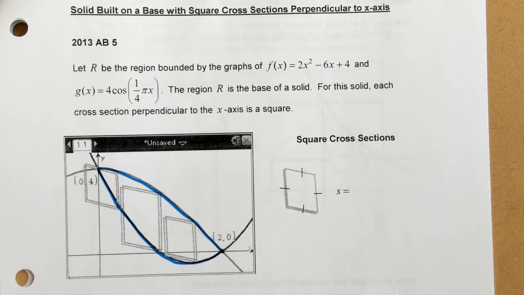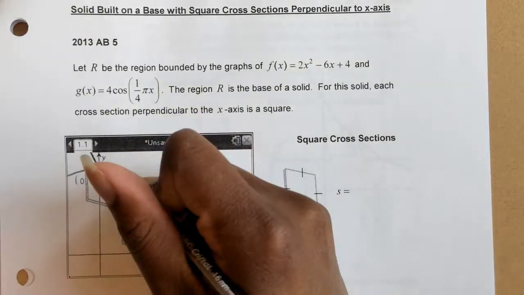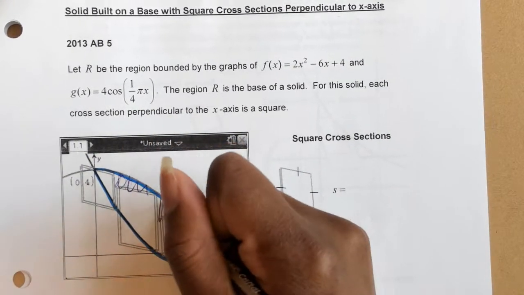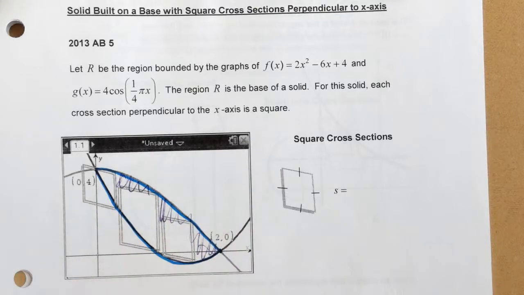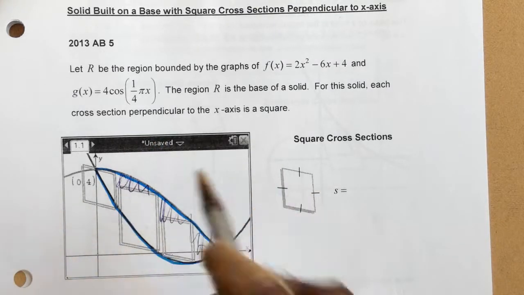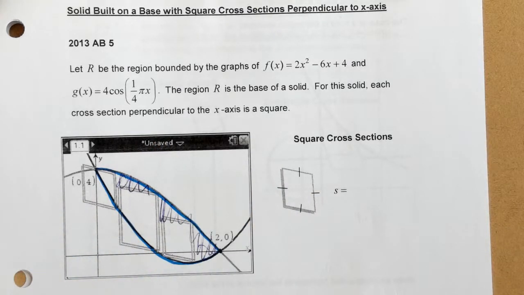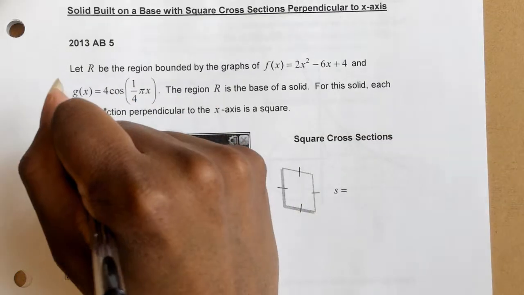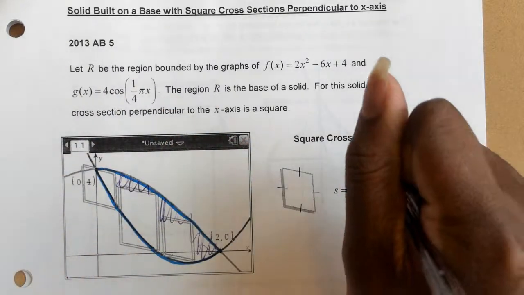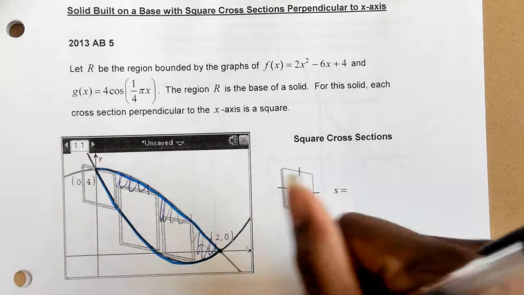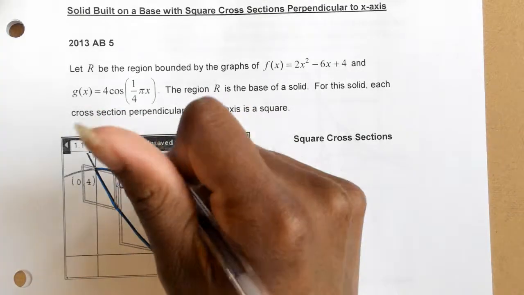So we're looking for this space in here. All of that space, I didn't want to color over the squares, but all of that space between those two graphs. So first thing we want to do is identify which graph is which. My knowledge of cosine tells me that it'll start here and it will drop and then come up and then drop and then come up.